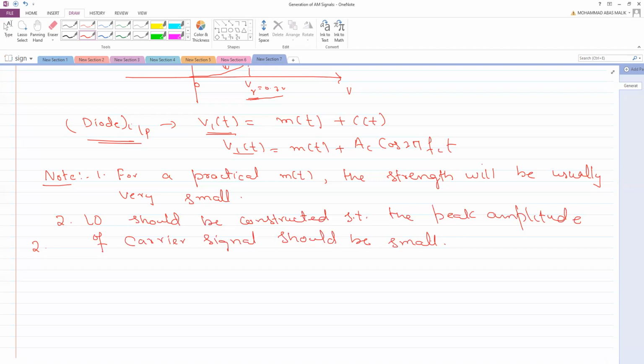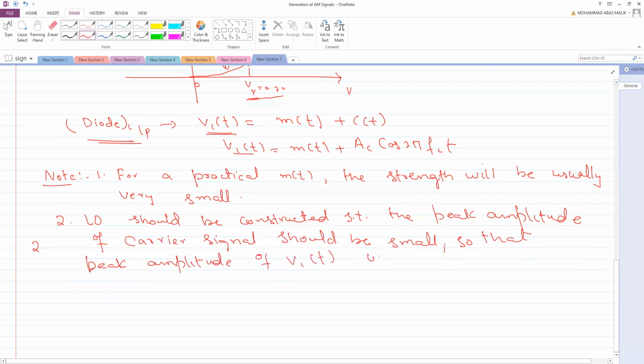So that, what's the reason for this? So that the peak amplitude of V1 of t will be of the same order as that of your carrier signal, will be in the order of the cut-in voltage of the diode.